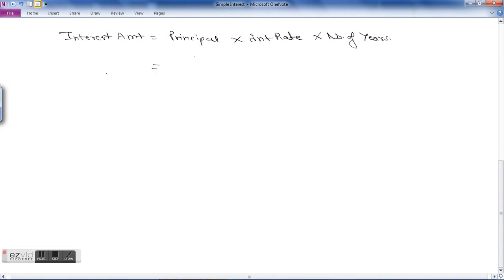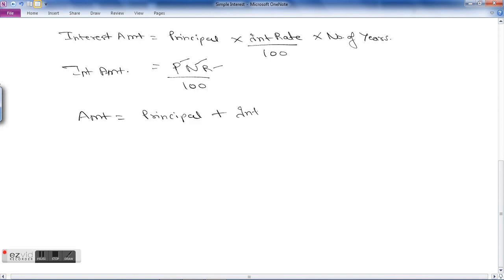Since the interest rate is in percentage, you have to say rate upon 100. So usually the formula is written as PNR upon 100, where P is for principal, N is for number of years, and R is the interest rate upon 100. This is the interest amount. Then the total amount received at the end of the period will be your principal plus interest.